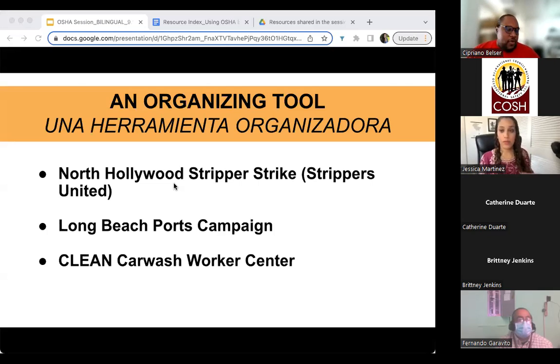And then finally, on a local level here in Los Angeles, I wanted to give an example of the Clean Car Wash Worker Center. They organize car wash workers around Los Angeles, and they had put in a complaint with Cal-OSHA around some pretty severe ETS violations, but also some mechanical and ergonomic violations happening on the job.